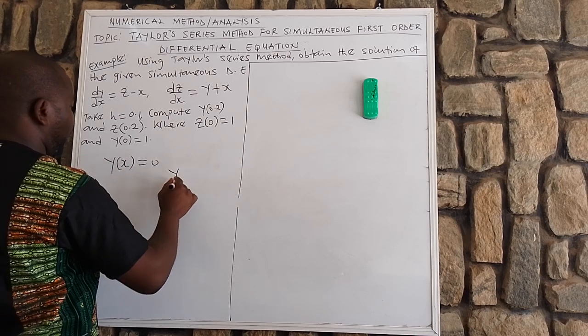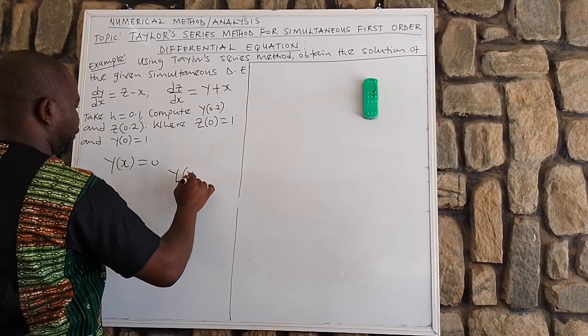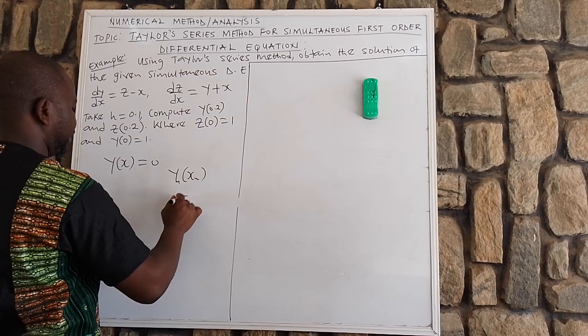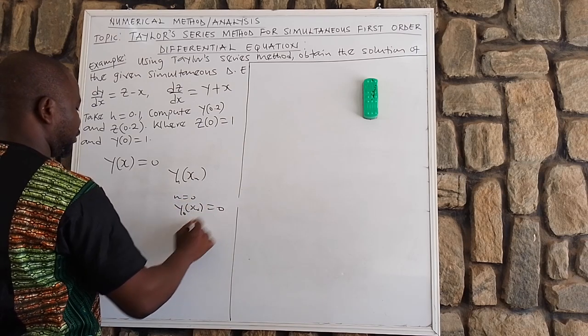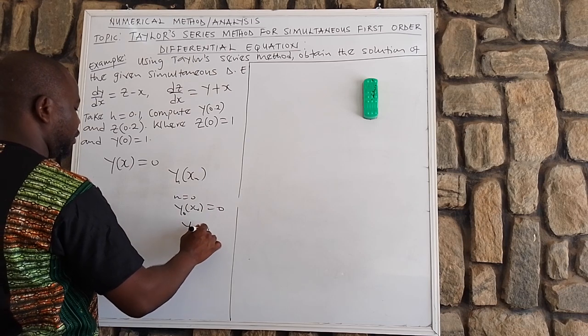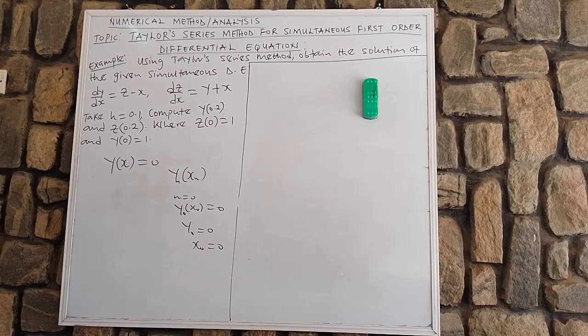This means y_n and x_n, where n is equals to 0, y naught and x naught. It means our y naught is equals to 0, x naught is equals to 0, isn't it?